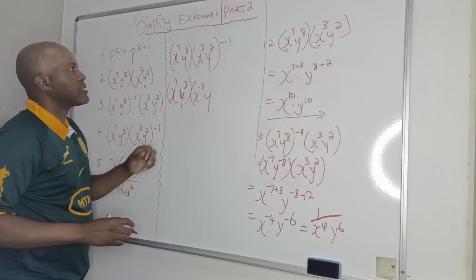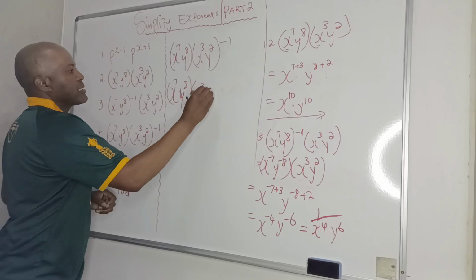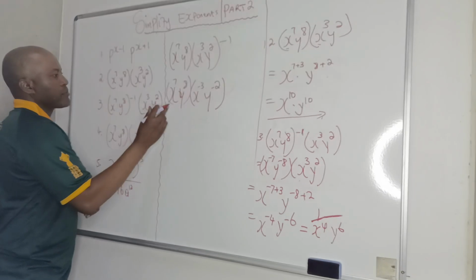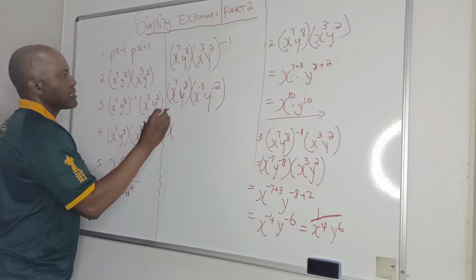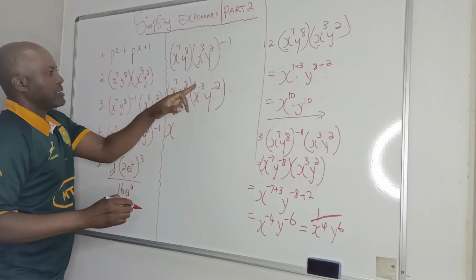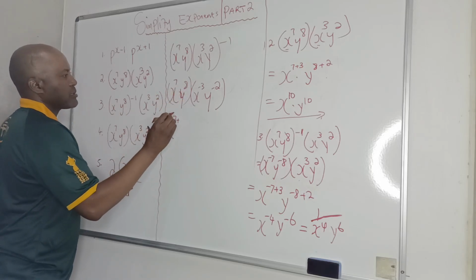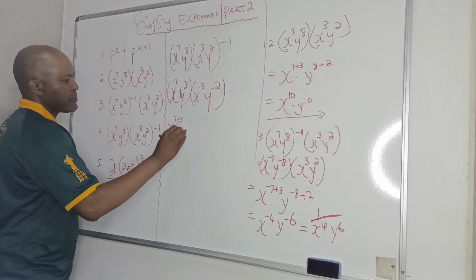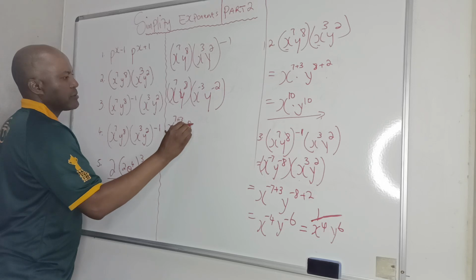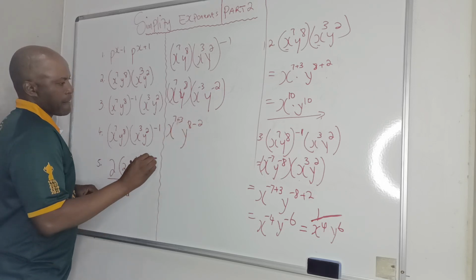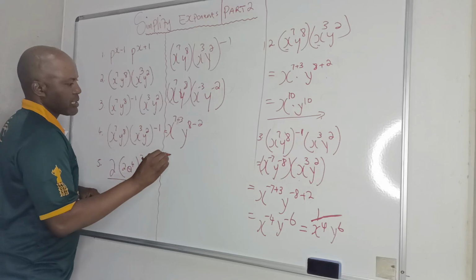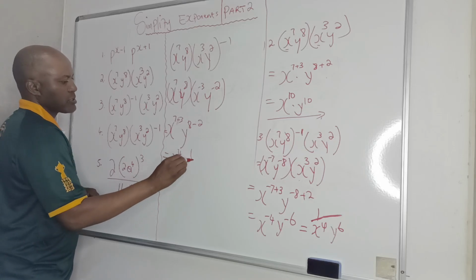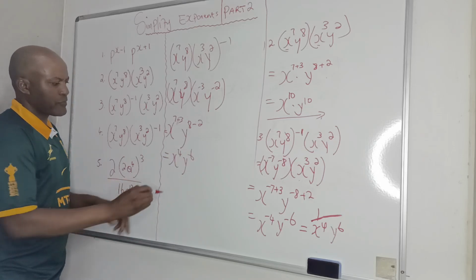I keep the base, -1 by 2, I get -2. Rule number 1 again. Bases are the same. I take one base and add the exponents, 7 minus 3. I keep the base, 8 minus 2. Then I get x raised to 4, y raised to 6. That is the answer.